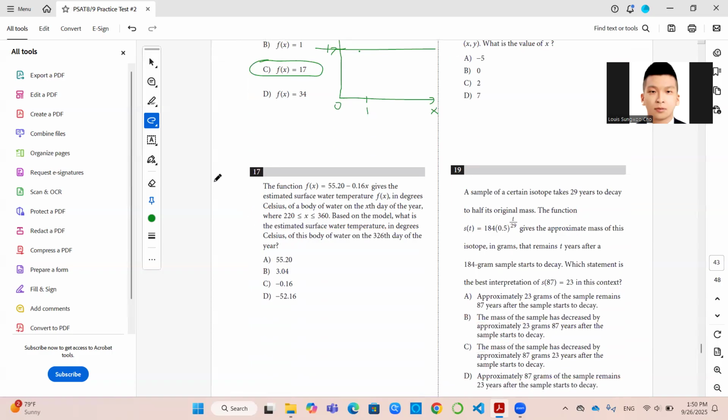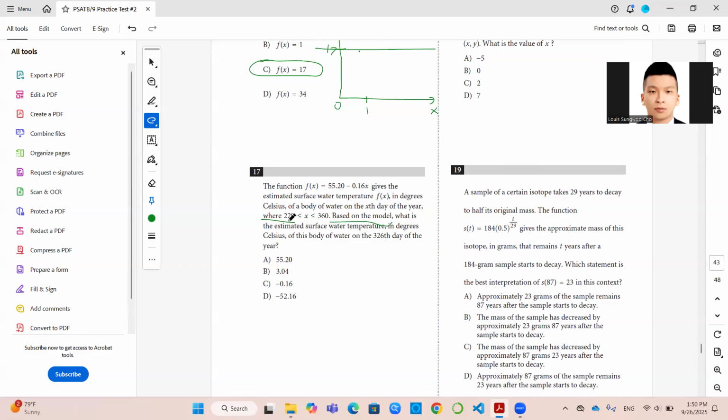The function f of x equals 55.2 minus 0.16x gives the estimated surface water temperature f of x in degrees Celsius of a body of water on the xth day of the year, where 220 is less than or equal to x, x is less than or equal to 360.